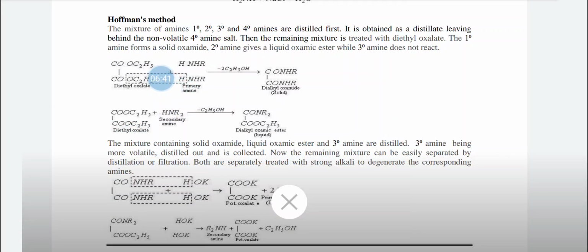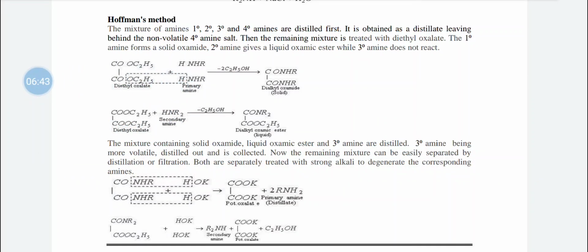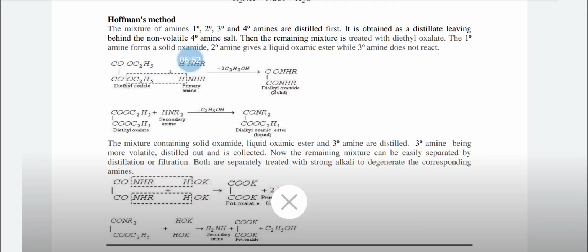Next method is Hofmann's method. Here, let us consider a mixture of amines, that is primary, secondary, tertiary and quaternary amine salt, which can first be distilled, and the non-volatile quaternary amine salt will be left behind.